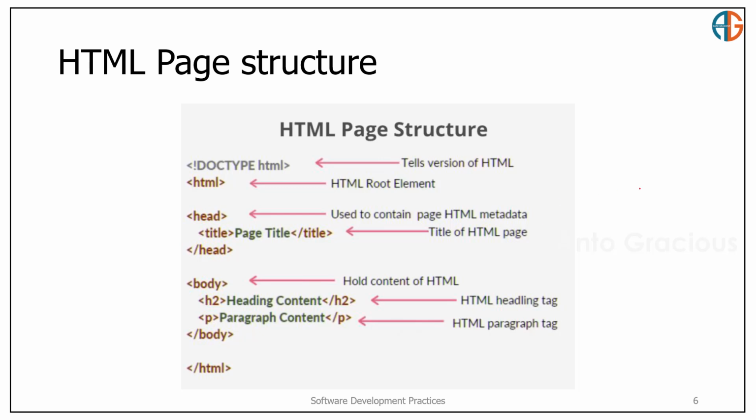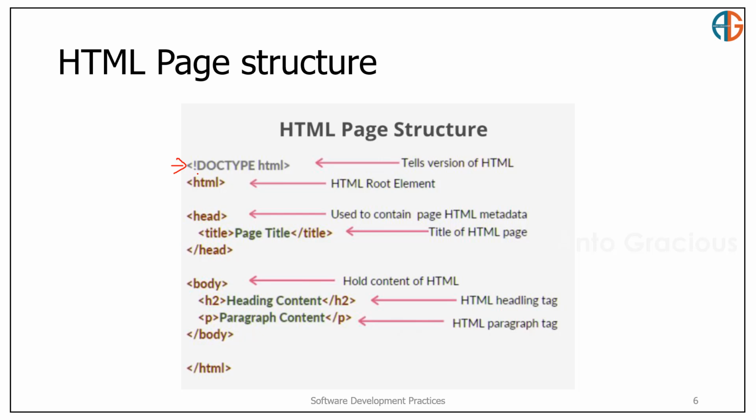And this is your page structure, right? The first line tells the version of HTML which you are going to use. Currently we are specifying HTML version 5. The specification is done like this: within the angle brackets use the exclamation symbol followed by DOCTYPE, leave a space and write html, right?